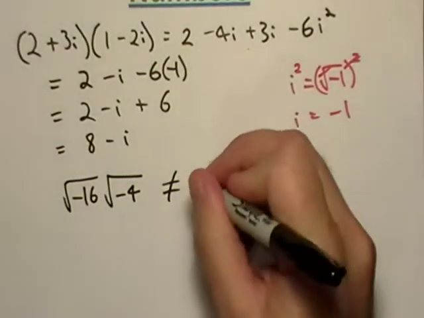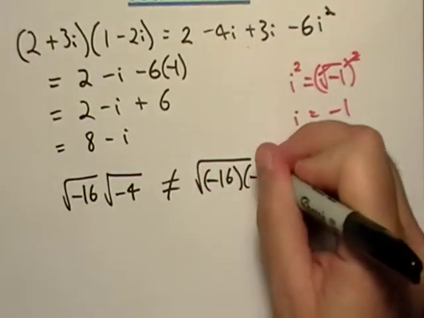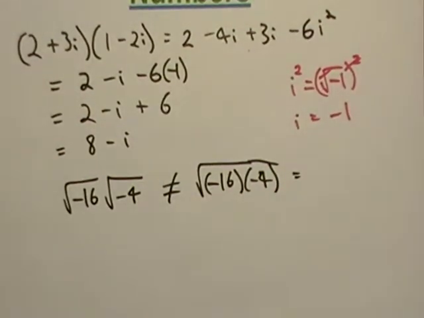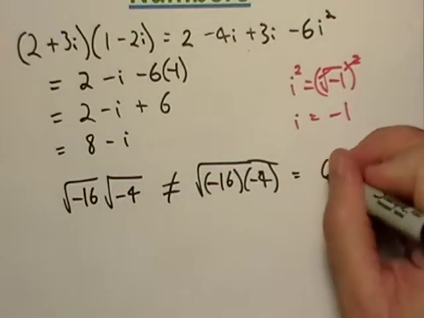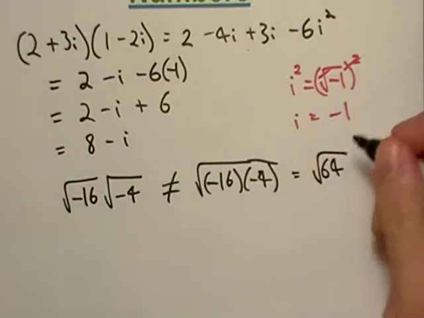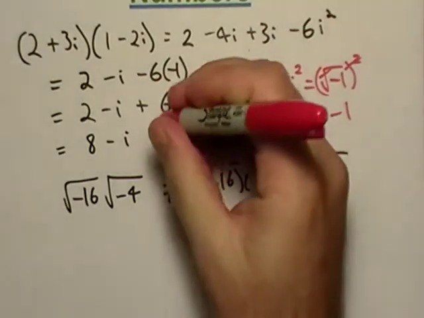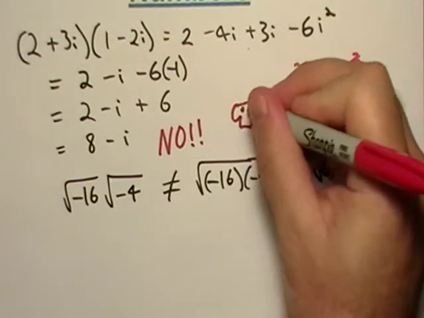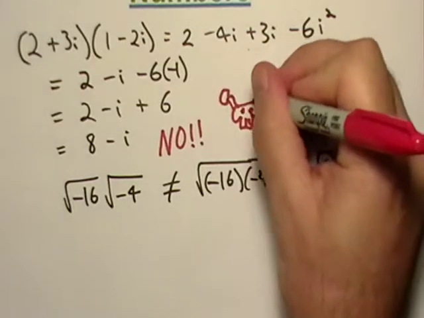Do not go negative 16 times negative 4, call that 16 times 4, which is 64, and call this the square root of 64. I'm going to put a little no and a skull and crossbones, because that's not the way we do things around here.